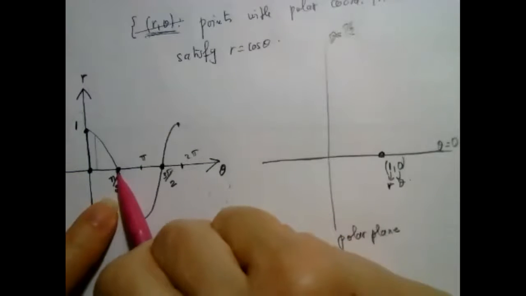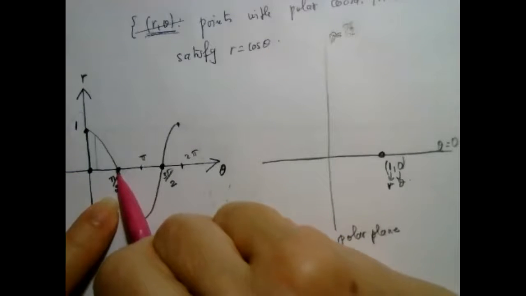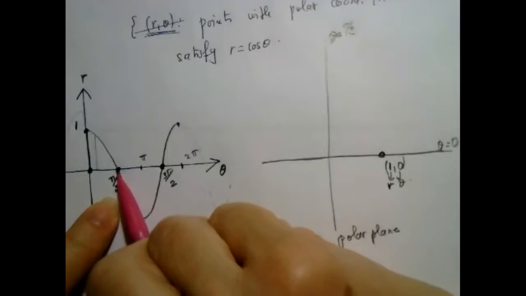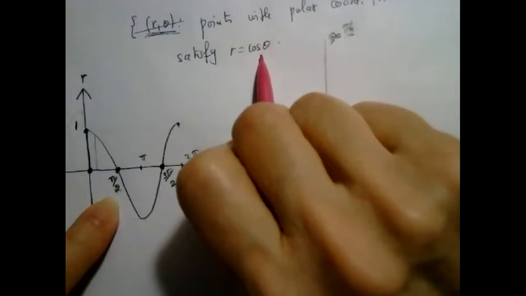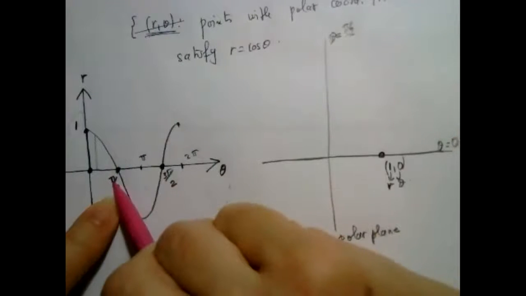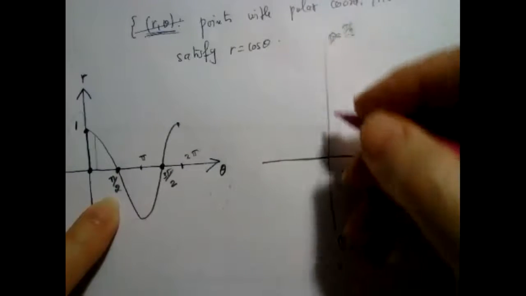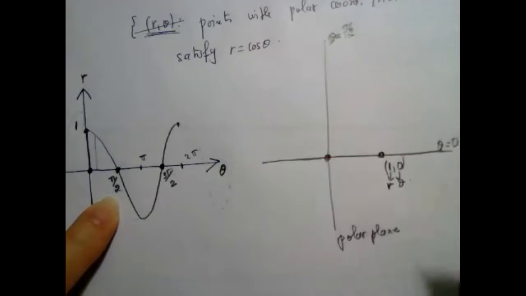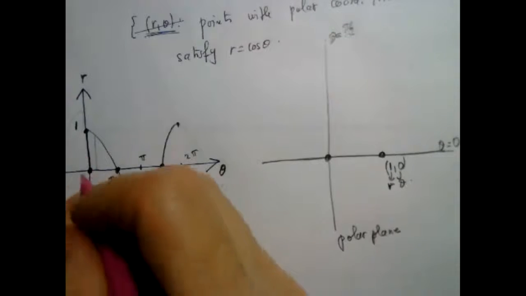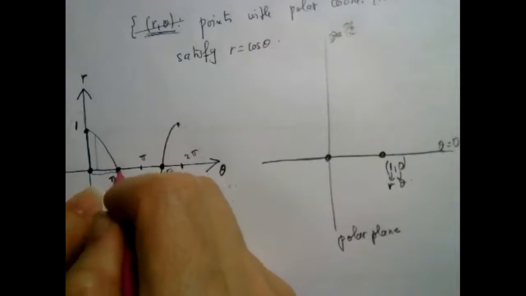Now, if theta is pi over 2, what is r? Please answer, because that's how we're going to get through this. If theta is pi over 2, whether you plug it in here or look at your graph, the cosine of pi over 2 is 0. So when theta is pi over 2, my point is here. Now what's happening between 0 and pi over 2?